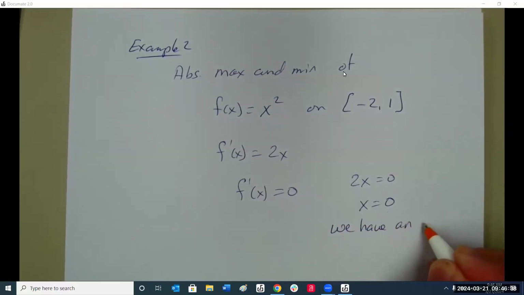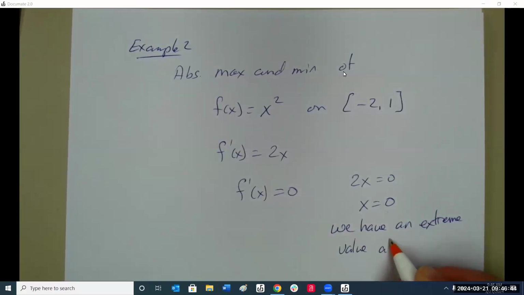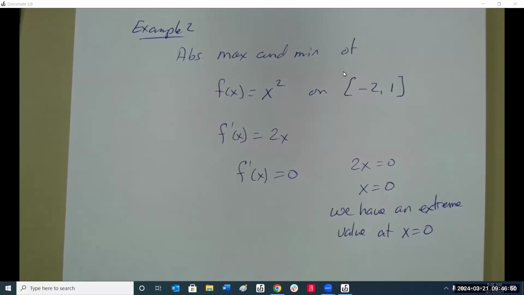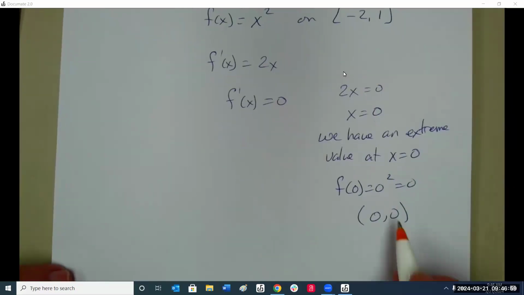We have an extreme value at x equals 0. So if we put it in the original function, we have an extreme value at 0, 0.